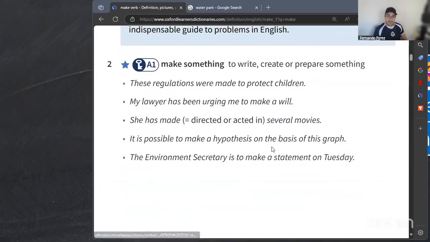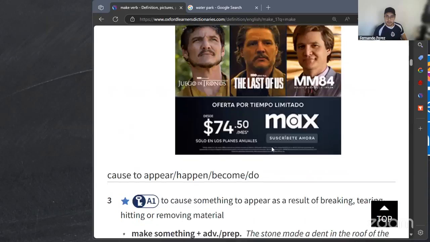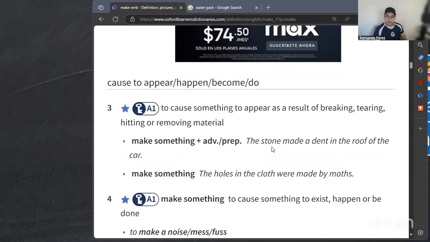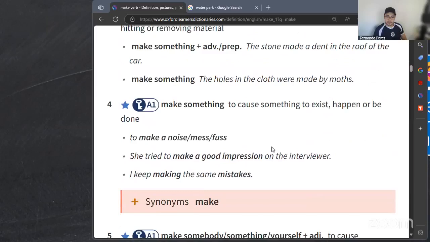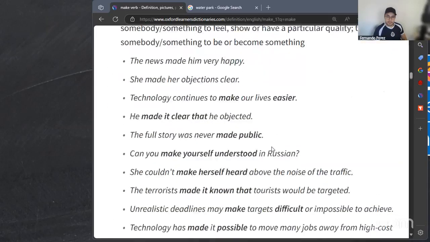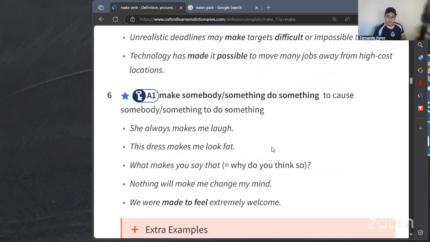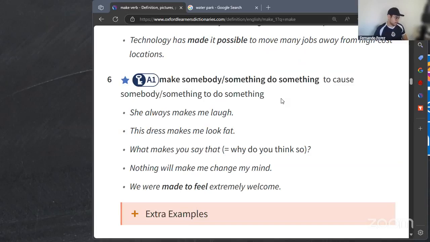But there is another definition: to make somebody do something.